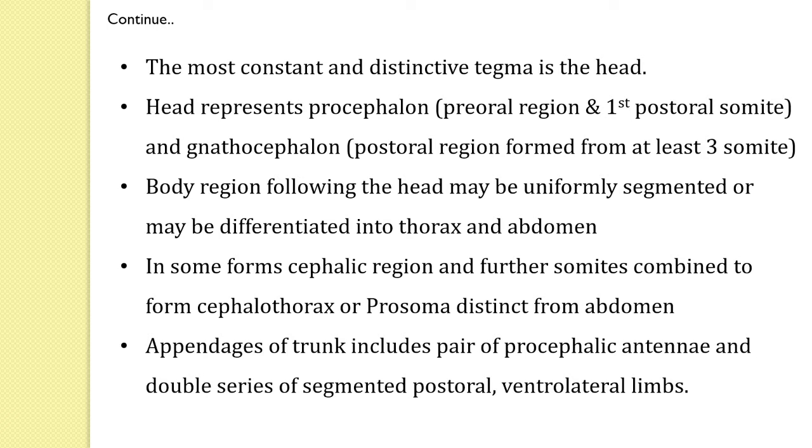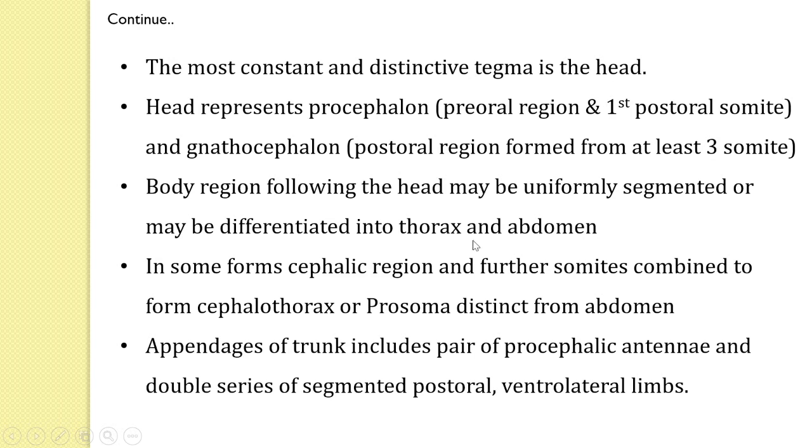The body region following the head may preserve uniform segmentation and simple structure, or it may be variously differentiated into the thorax and abdomen in the different classes of arthropods.